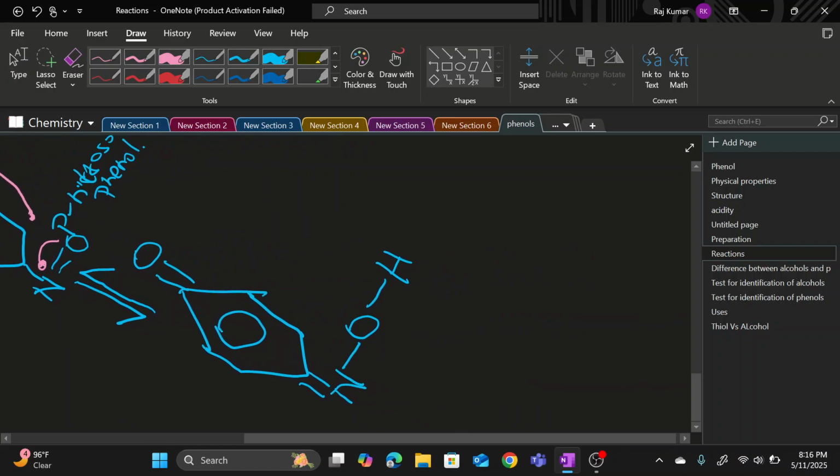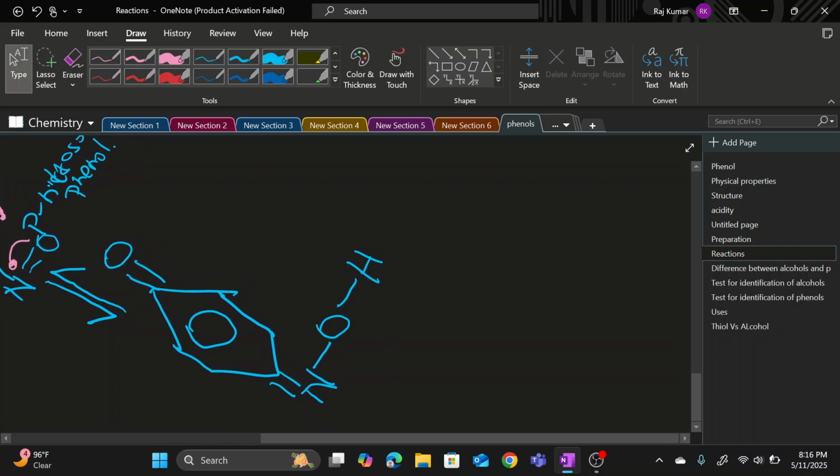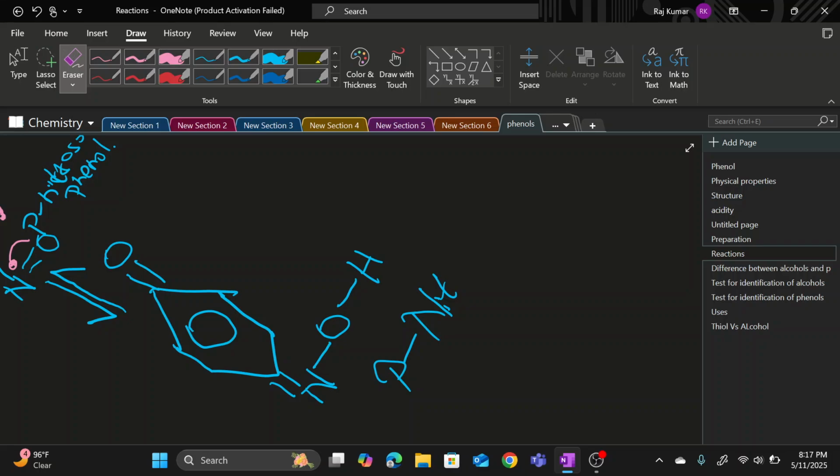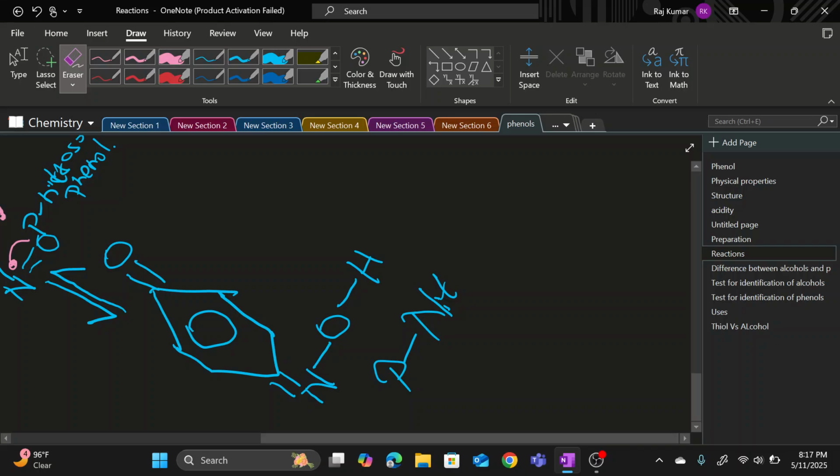This is an isomer. And what do we name this isomer? This isomer is named para-nitrosobenzene monooxime.